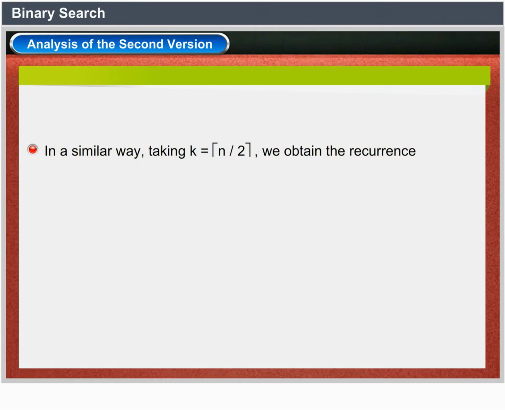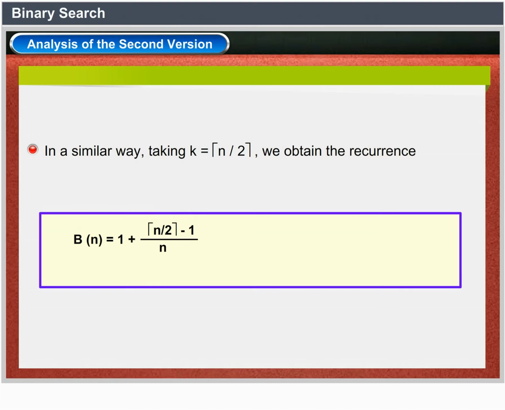In a similar way, taking k equals ceiling of n by 2, we obtain the recurrence B(n) = 1 + ((ceiling(n/2) - 1)/n)·B(ceiling(n/2) - 1) + (floor(n/2)/n)·B(floor(n/2)), where n is greater than or equal to 3. B(1) = 0 and B(2) = 1.